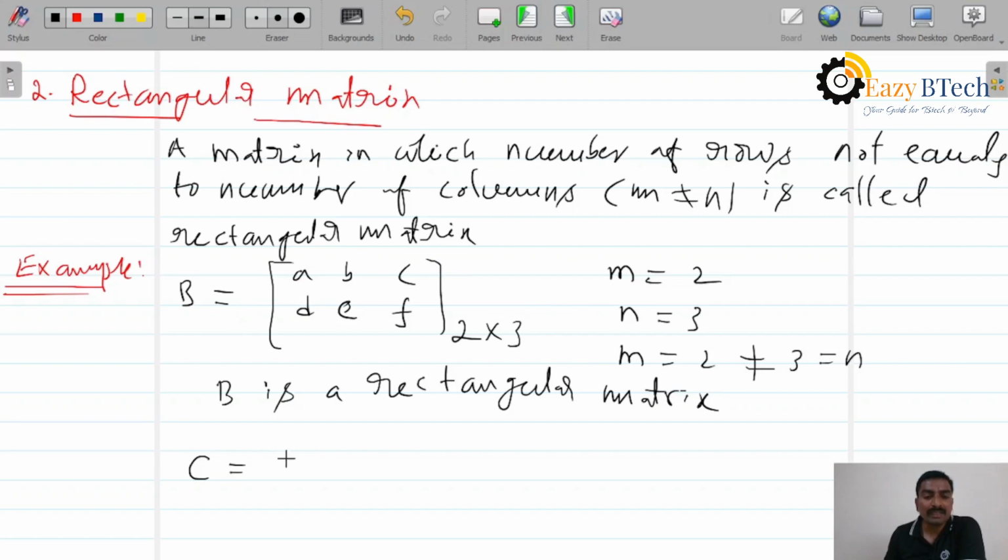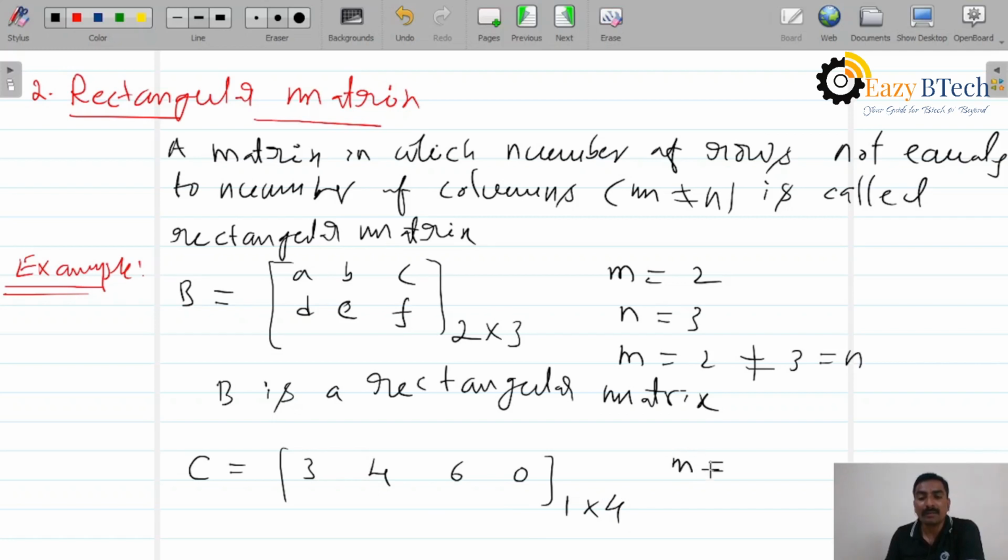Suppose capital C equals 3, 4, 6, 0. Here there is only one row, 3, 4, 6, 0, so 1 into columns. 3 is one column, 4 is one column, 6 is one column, and 0 is one column, so there are a total of 4 columns.